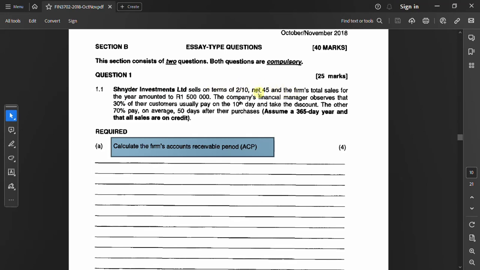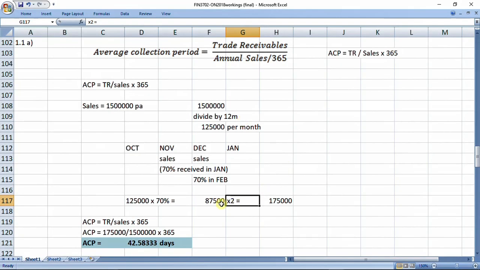So if I'm looking at this situation, what don't I get? 30% pay me, 70% don't pay me. Do you see that? The other 70% on average, 50 days after their purchases were made.